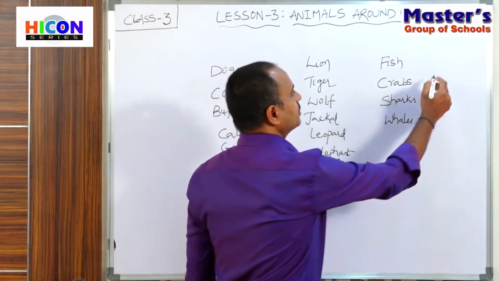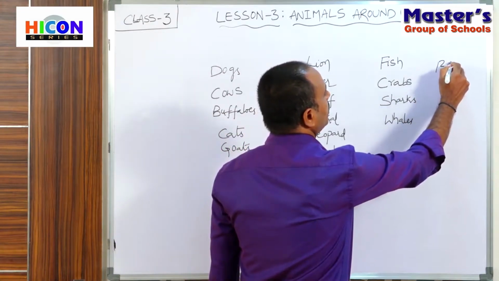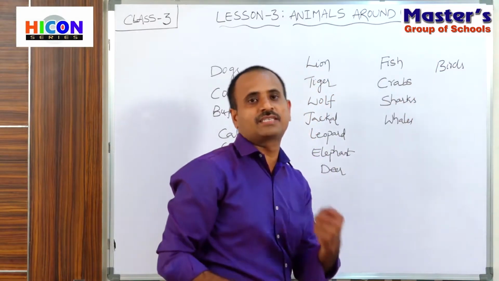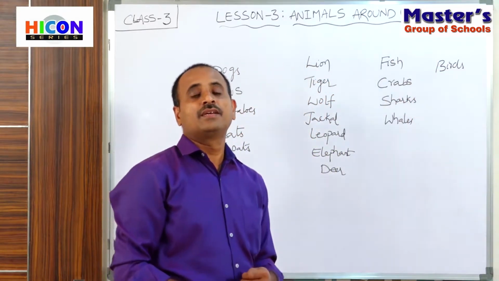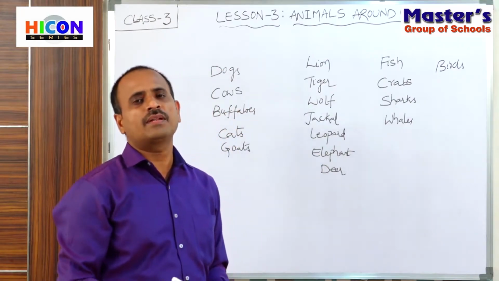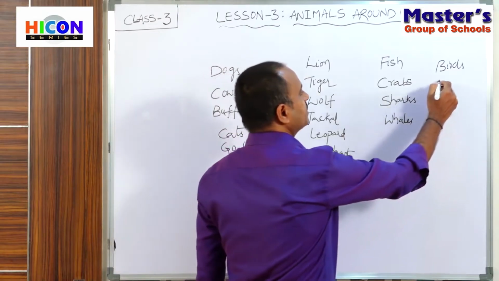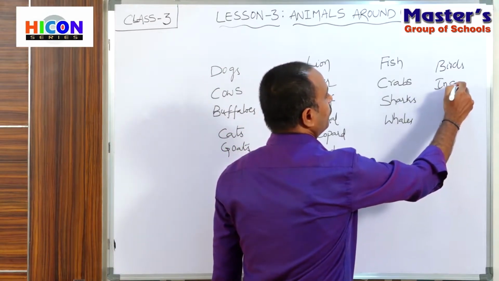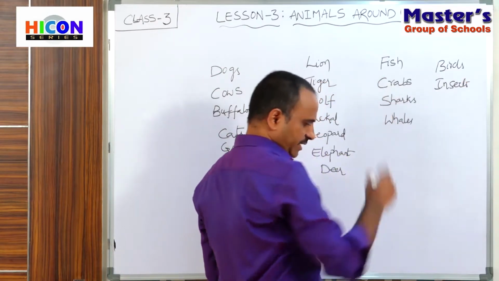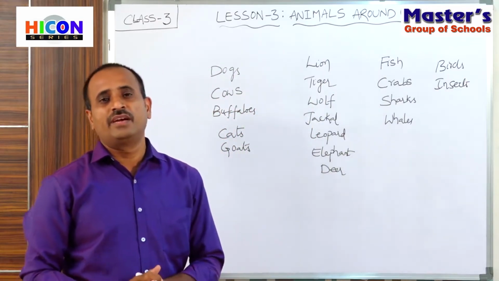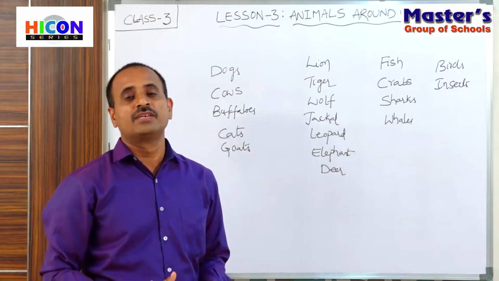Examples of animals which fly in the air are birds, and also some insects like butterflies, cockroaches, grasshoppers. In this way, children, we will observe various types of animals in our surroundings.